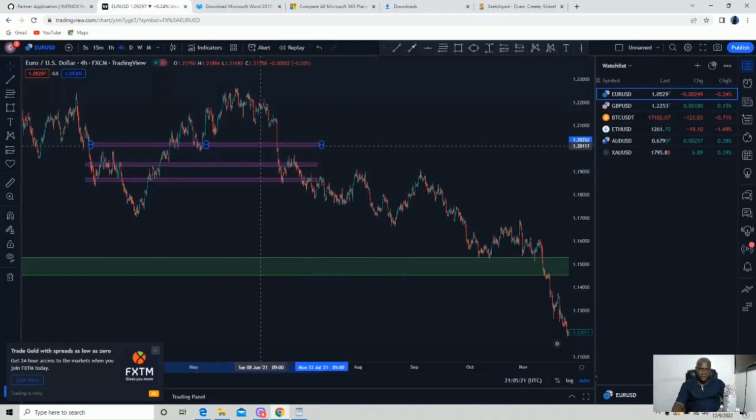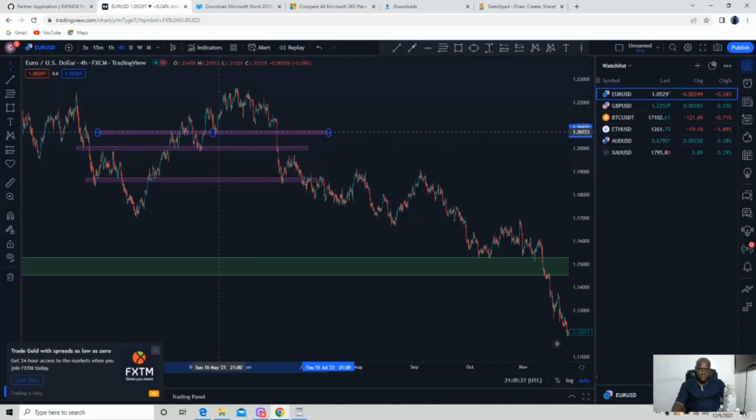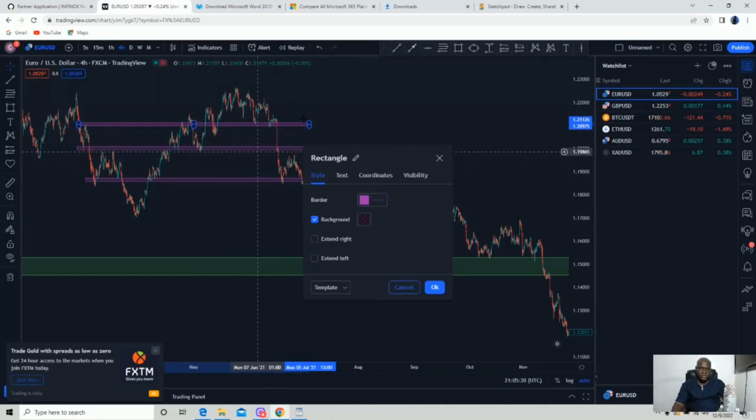So this is also a structure. This is a structure. Let me keep drawing. I want to draw a few more.